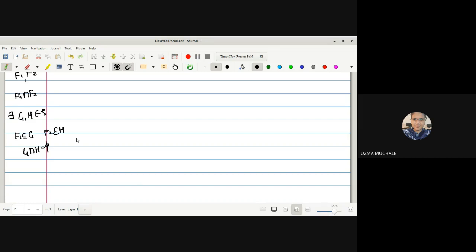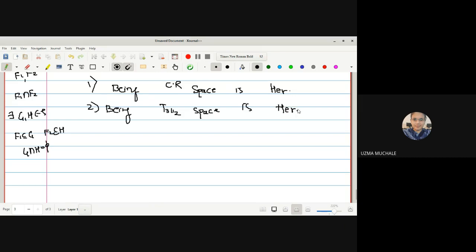Okay. So let me write down the statements of the theorems. The first one which we will discuss, no doubt we are not going to prove this one: being a completely regular space is a hereditary property. Next we will see being a T3 half space is a hereditary property. Next we will see being a completely regular space is a topological property.